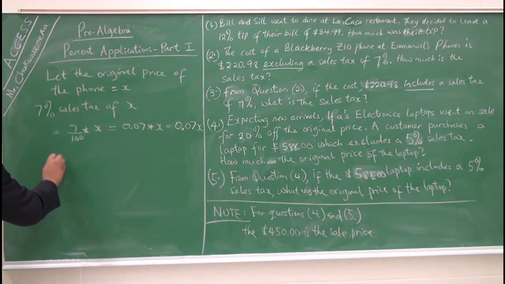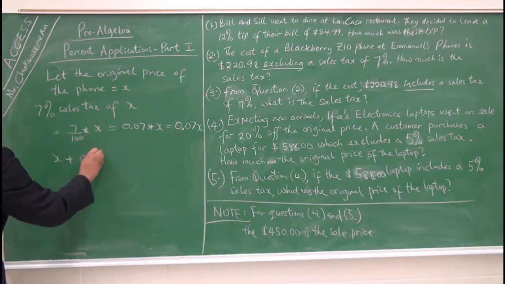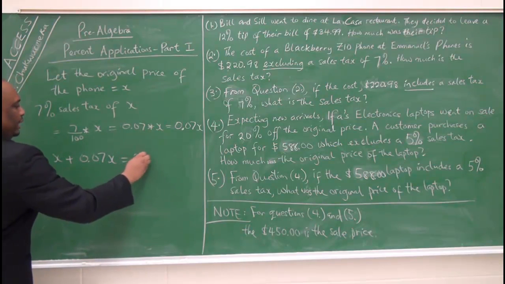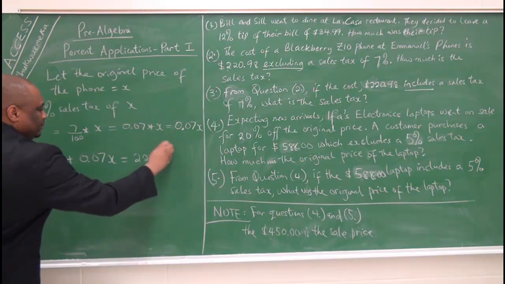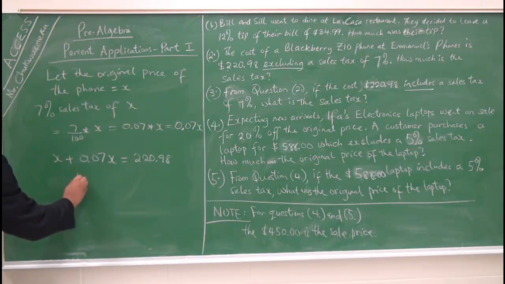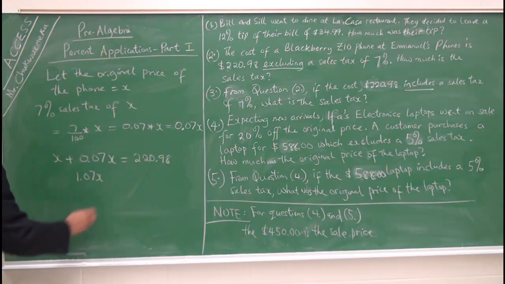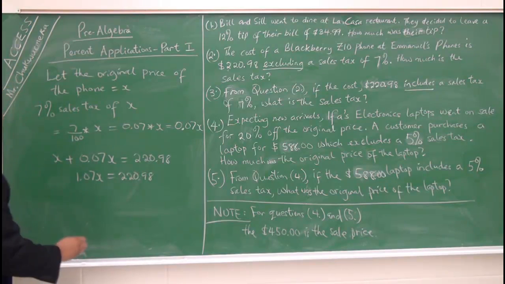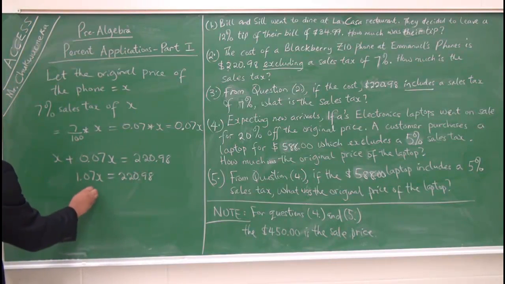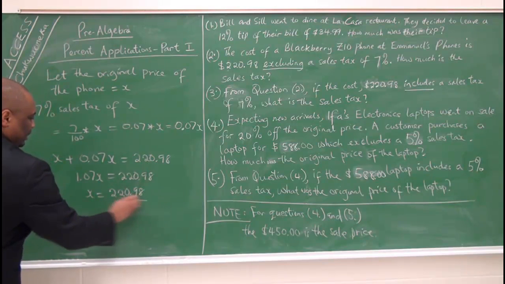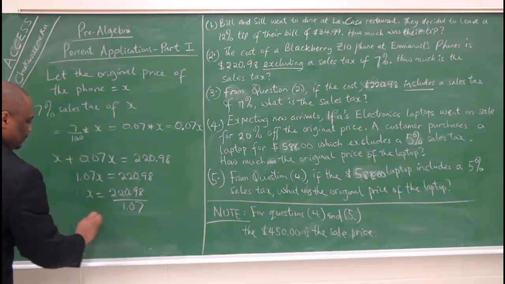So this means that X plus 0.07X will give us $220.98. So with your knowledge of variables, X plus 0.07X is 1.07X, equal to $220.98. So you divide both sides by 1.07, X will be $220.98 divided by 1.07.